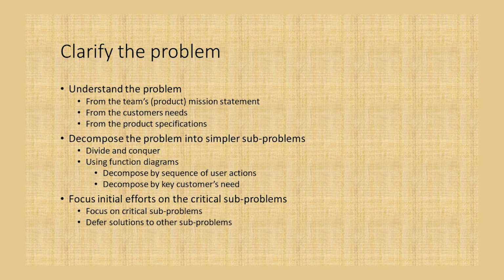Once you understood the problem, then you want to be decomposing the problem into simpler sub problems. So, decompose that problem into small sets of problems. You can do it in several ways. You can use divide and conquer to decompose the problem. You can use function diagrams. You can list out all the functions that this device will carry out, and then you can see how each function will be achieved with sub functions.